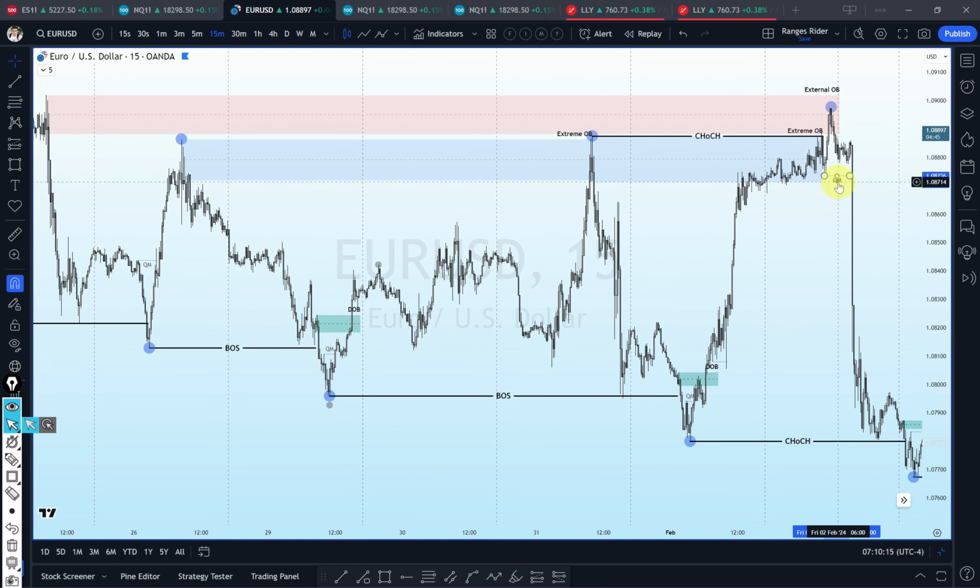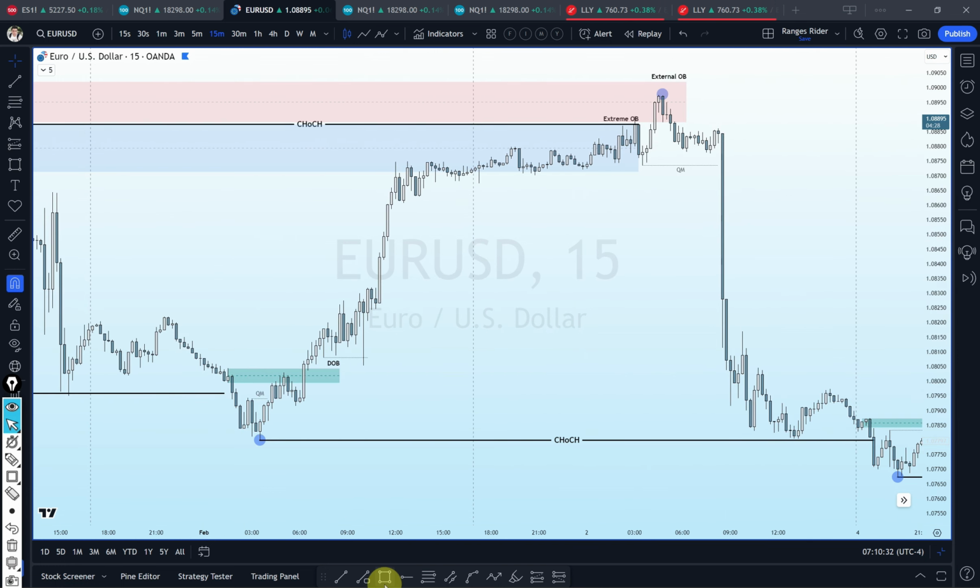Once we get the external OB, we are looking for short. And now you see that we have the change of character on the bullish side. We marked this one, but it doesn't mean that we turned bullish. This turned into inducement.